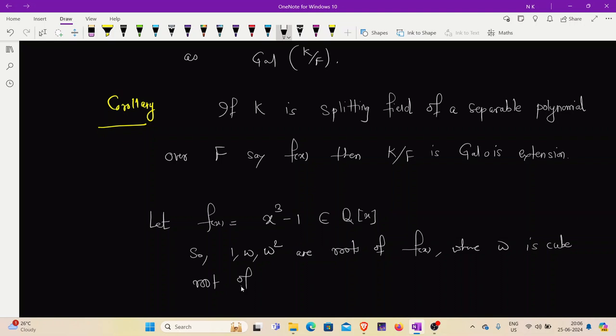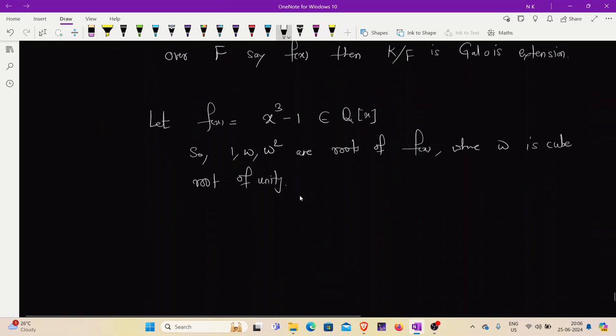To find the splitting field of this polynomial, we only have to attach these roots to the base field Q. Thus we have to attach omega, because as soon as we attach omega, we find that omega square is also in that splitting field. So Q(omega) is a splitting field of x cube minus 1 over Q.